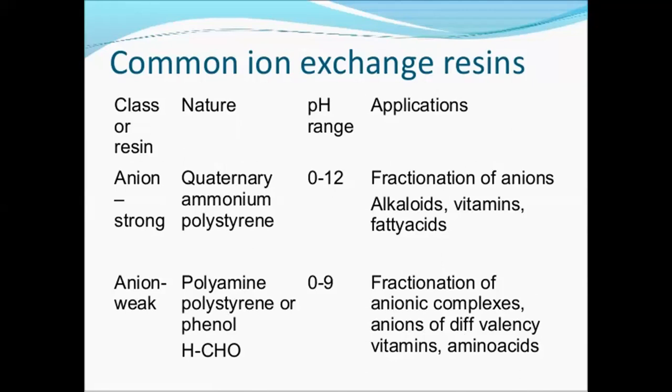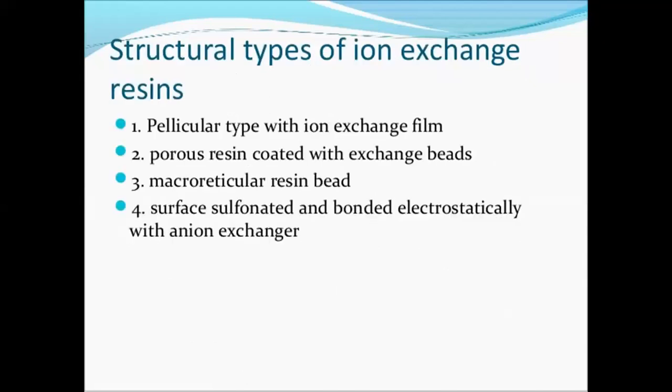So these are examples of resin substances working under a pH range, say quaternary ammonium polystyrene 0 to 12, useful for the fractionation of anions, alkaloids, vitamins, fatty acids. So based on the sample, based on the nature of the solute or analyte, selection of the resins takes place. So different resins are used for the exchange of ions.